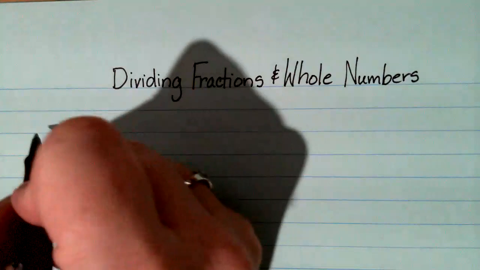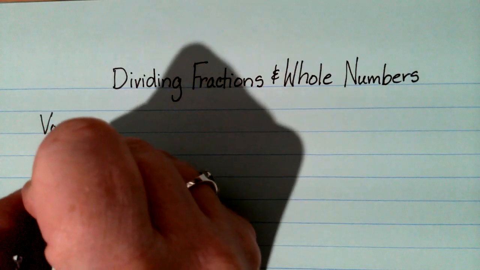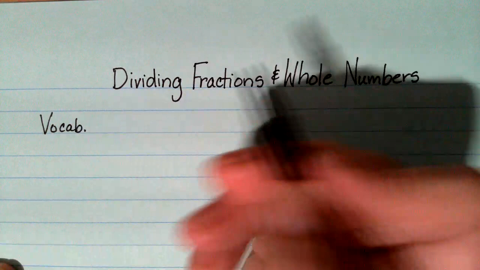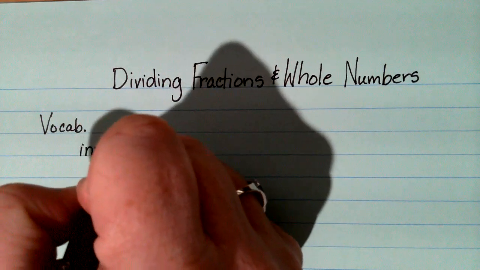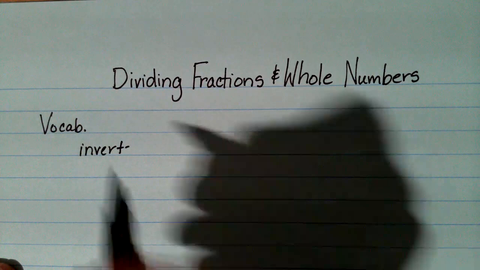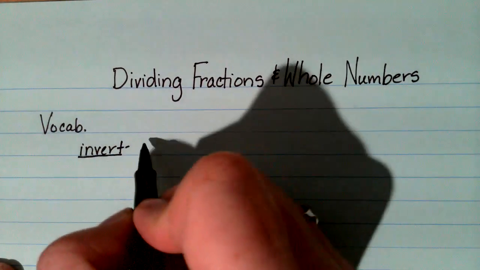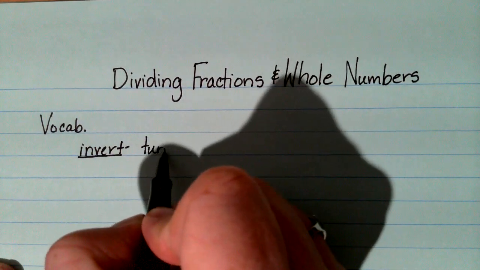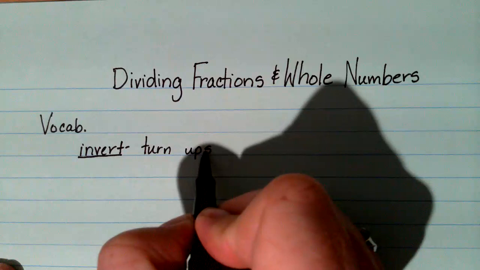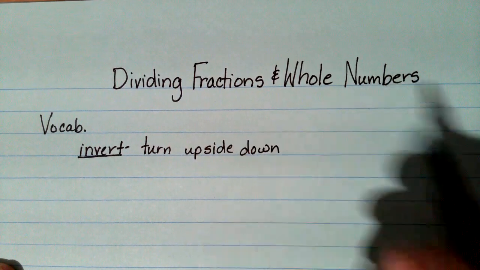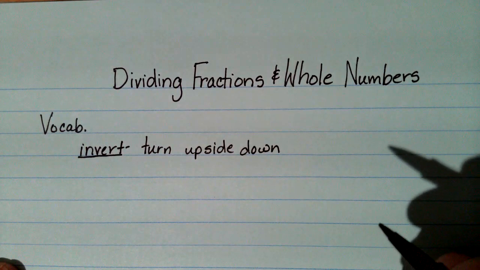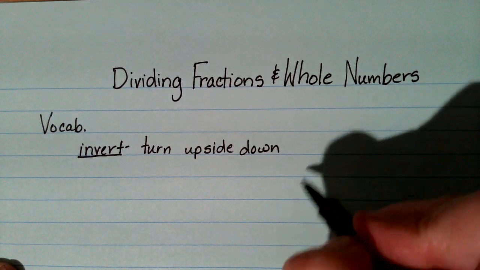Important vocabulary. You ready? The first one is invert. Invert just means to turn something upside down. If you were standing on your 2 feet and then you were standing on your hand doing a handstand, you would be inverted.